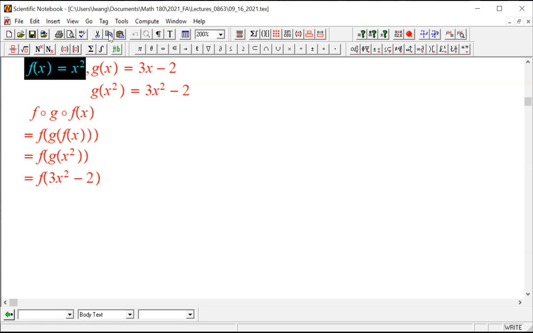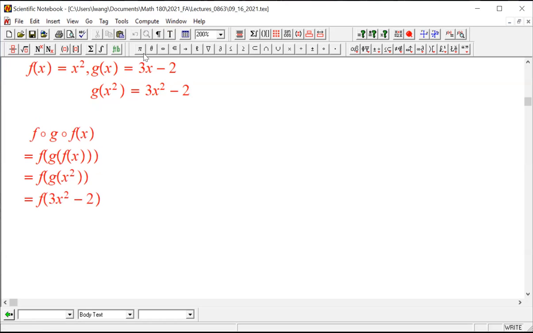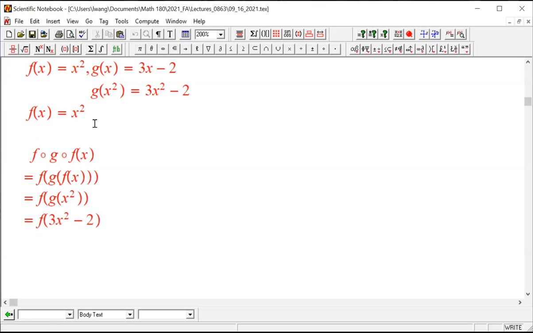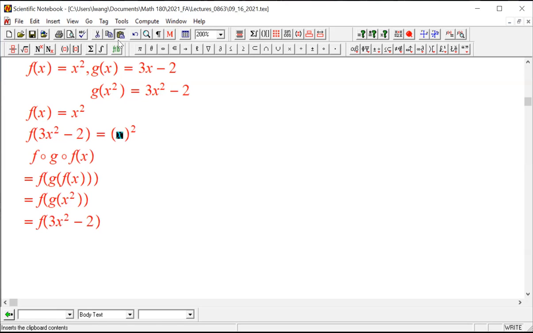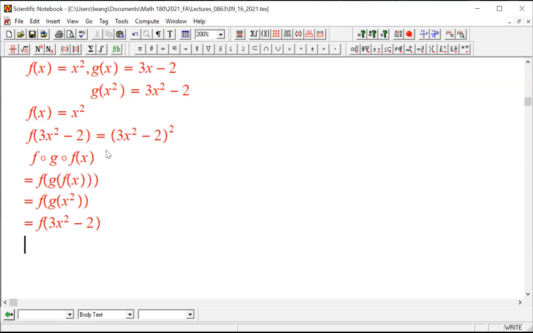This is f of x. When x is replaced by 3x squared minus 2, this x will be replaced by 3x squared minus 2. So finally, you're going to get this. Does that make sense?